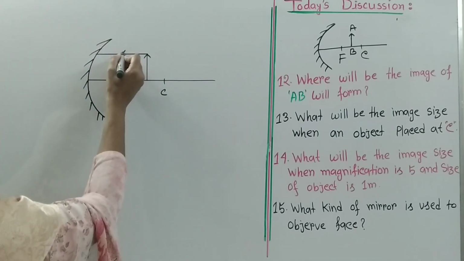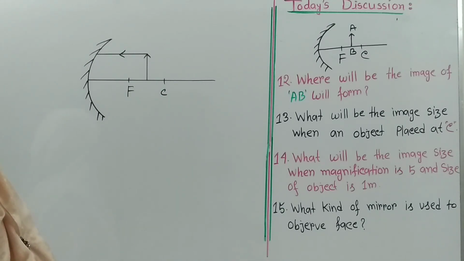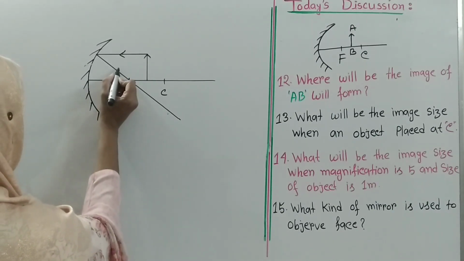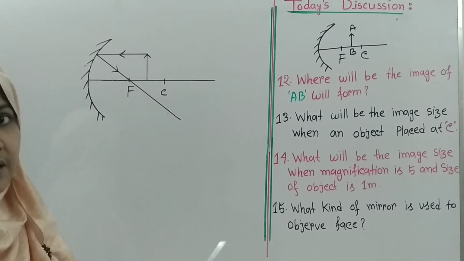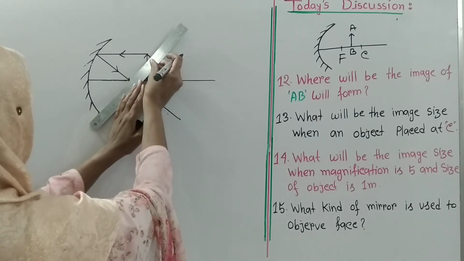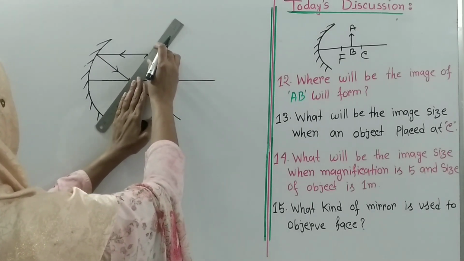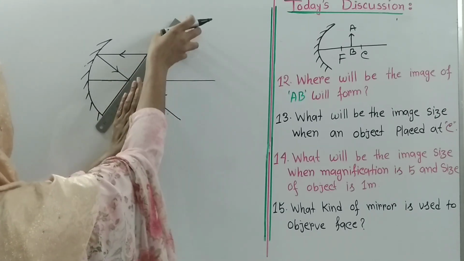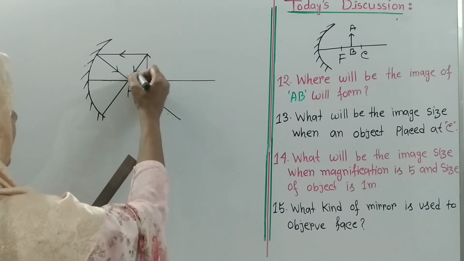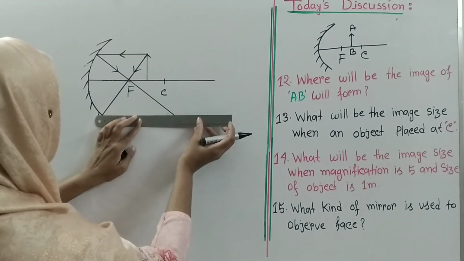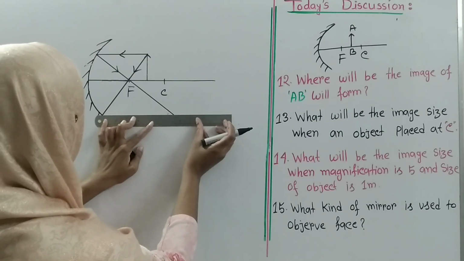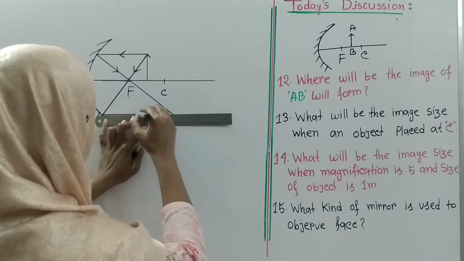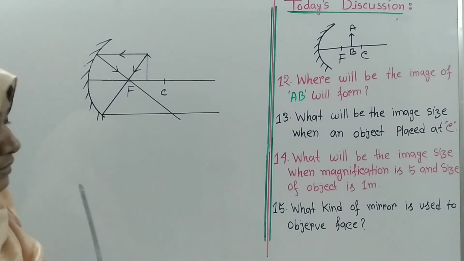to the principal axis, then this light ray will reflect through the focus. And another light ray will be incident through the focus, and after reflection it will go parallel to the principal axis.